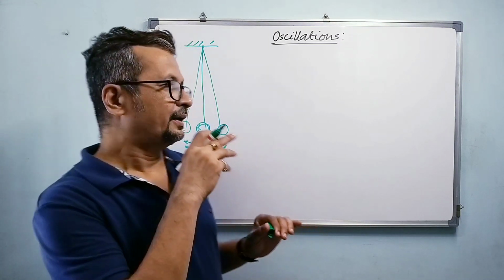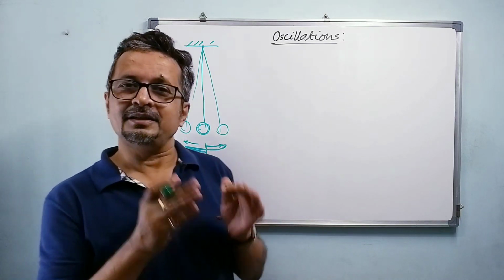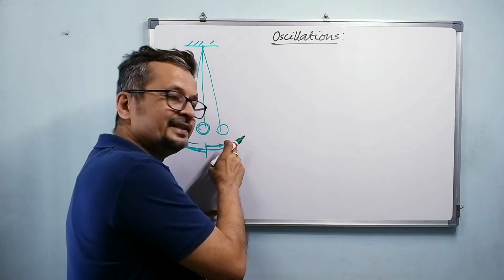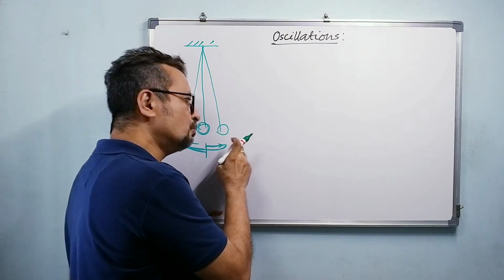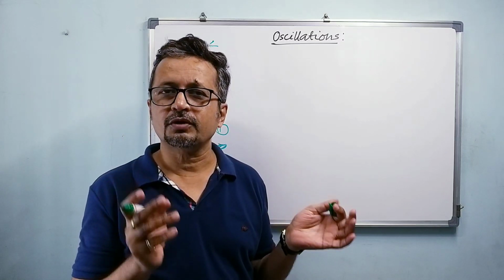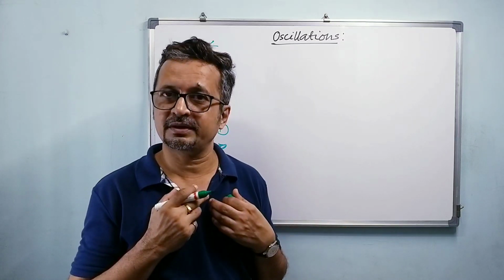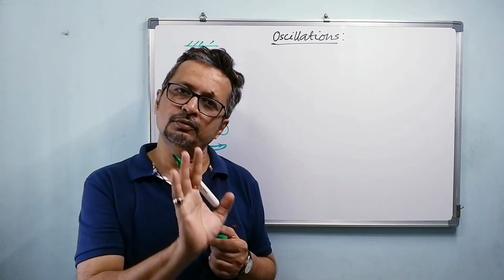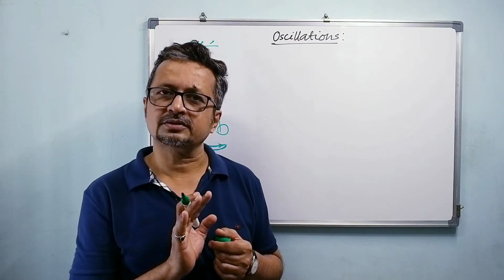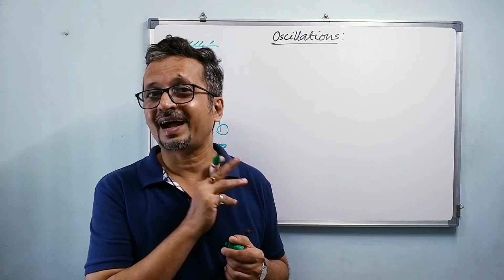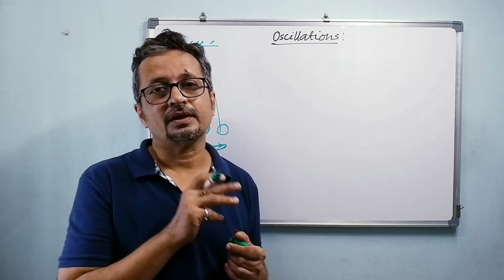Does the bob at any point of time move any distance more than this position? No. Whatever initial displacement I have given, and I release it from that point, it will move the same distance all the time. Here I am assuming an ideal simple pendulum, number one.